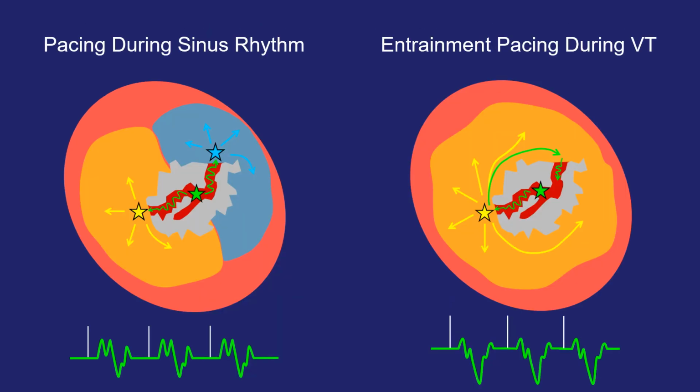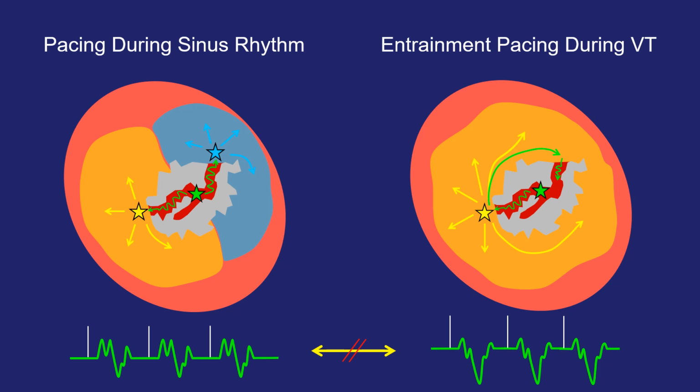So again, to emphasize this, because this is really important as a concept for entrainment, you can pace in scar during sinus rhythm and entrainment pace during VT from the same site and get two different morphologies that don't look like each other. And the reason is that during sinus rhythm, you can escape out more than one way.